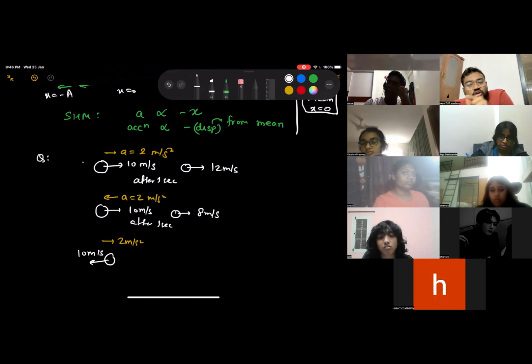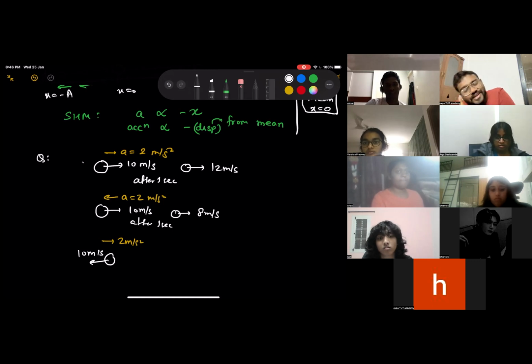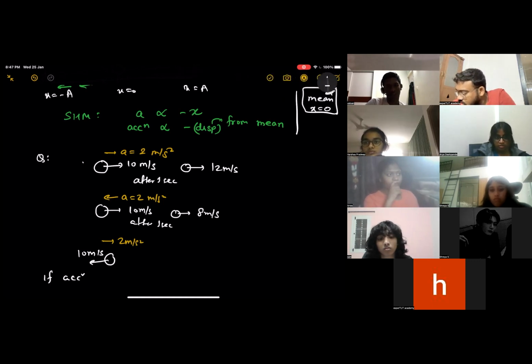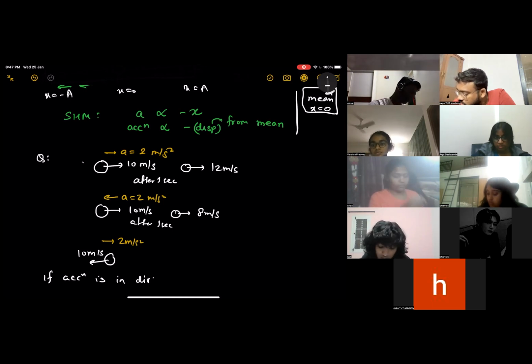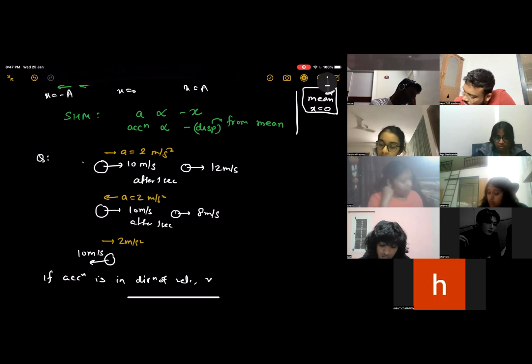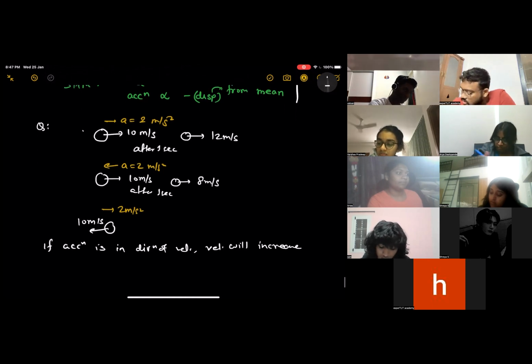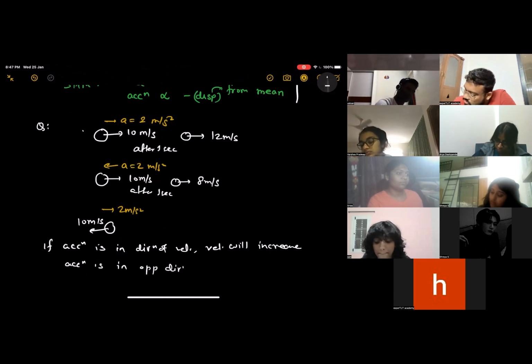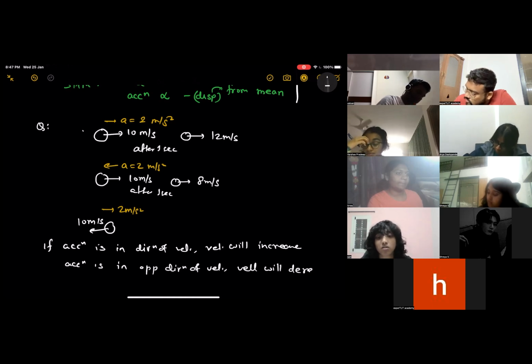You have observed correctly, but your terms are slightly wrong. Acceleration in the direction of velocity. Speed does not have a direction. Yeah, velocity matters. So if acceleration is in the direction of velocity, velocity will increase. And the opposite, if acceleration is in the opposite direction of velocity, velocity will decrease.